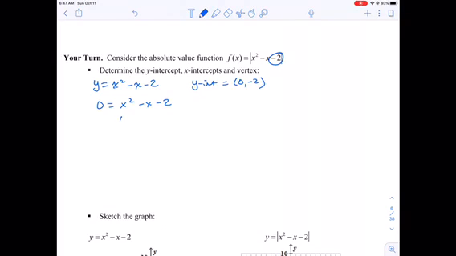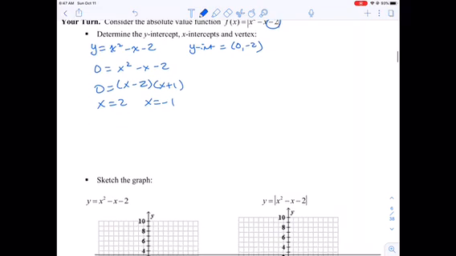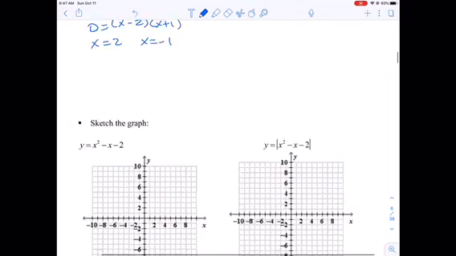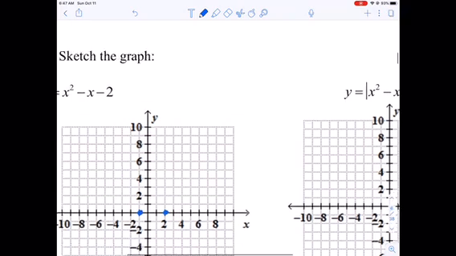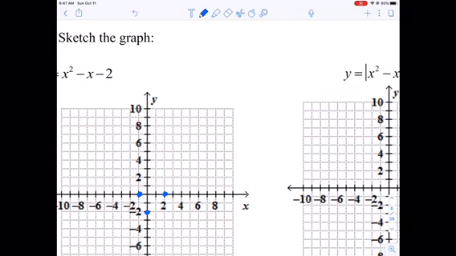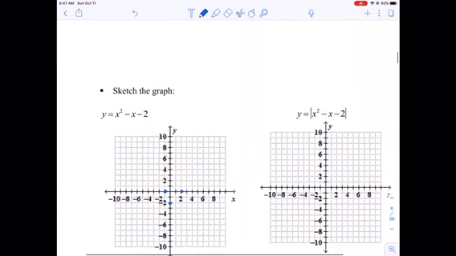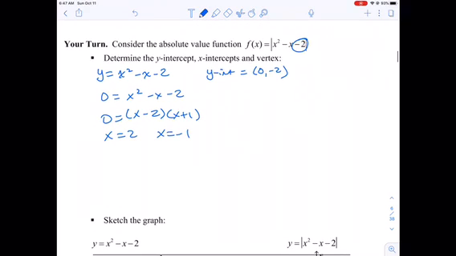Factors of negative 2 that add up to negative 1: x minus 2 and x plus 1. So x is equal to 2 and x is equal to negative 1. So right away I know a few things. I know that x is 2 and negative 1, and my y-intercept is negative 2. This is of course an upward facing parabola because our a value is positive 1.